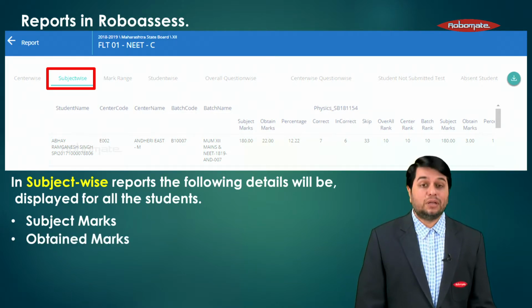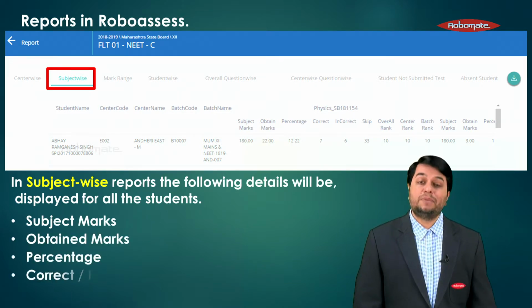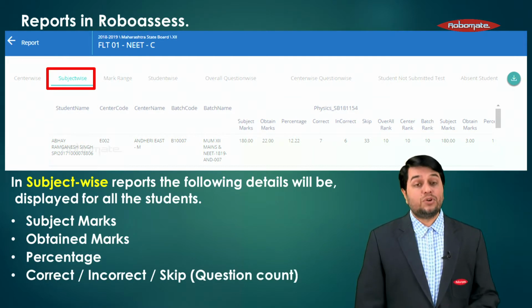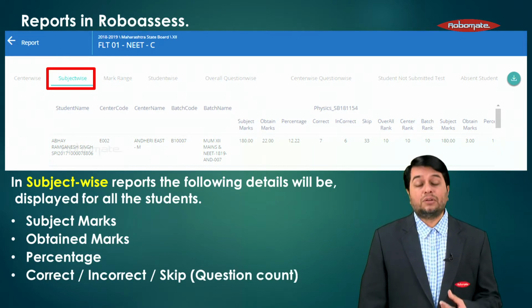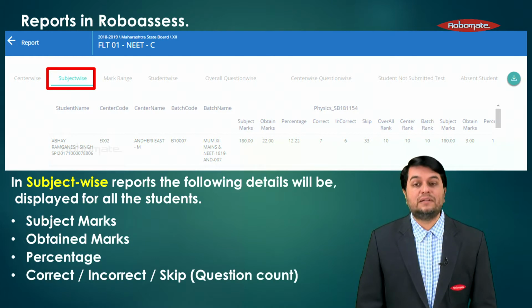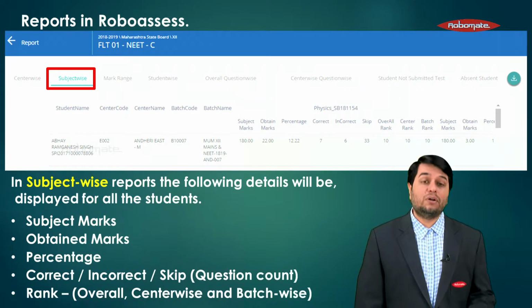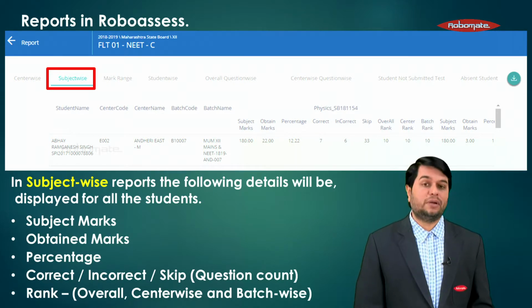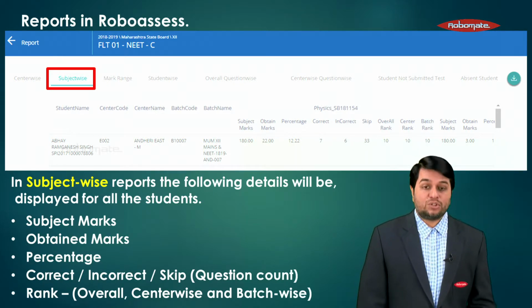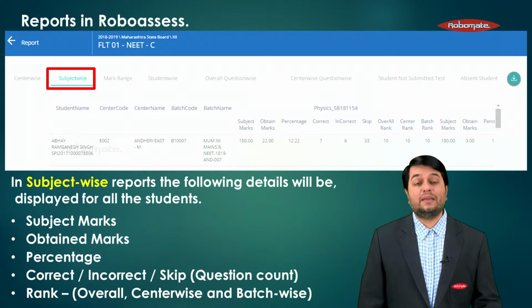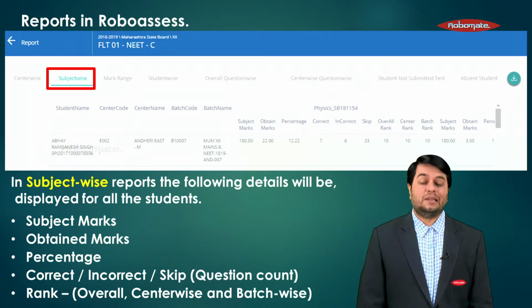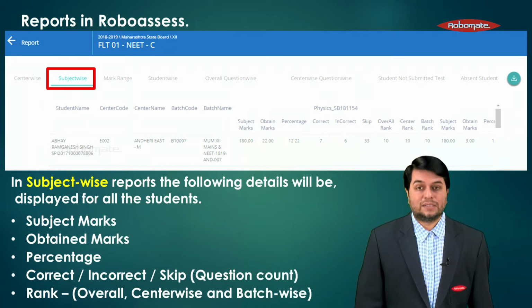He can see the total marks obtained by the child, the percentage of the marks, the question counts for the number of questions which were correctly answered, incorrectly answered and skipped by the child, and the overall ranking of the child. Very important, he can understand the batch wise ranking, the center wise ranking and the overall ranking for this particular test conducted in his particular premises.